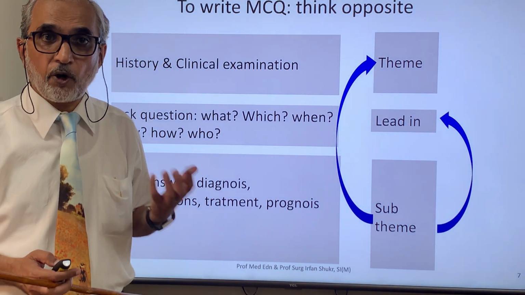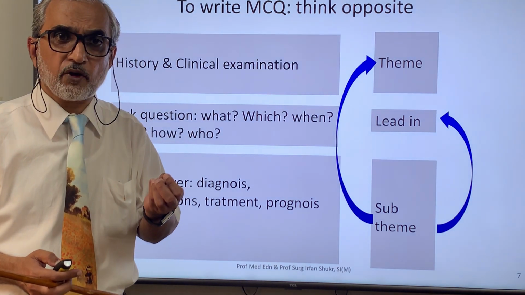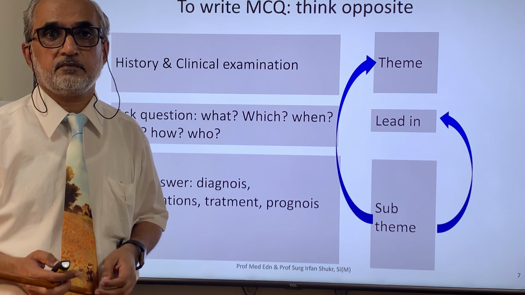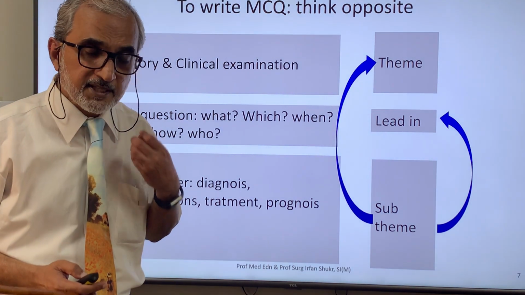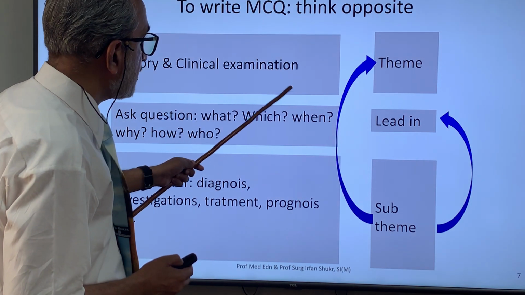Therefore, if you have a topic, the first thing you should think of is the sub-theme of the options. And from that sub-theme, you should write the question statement and the information statement.